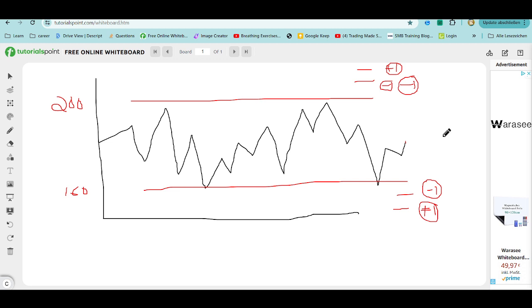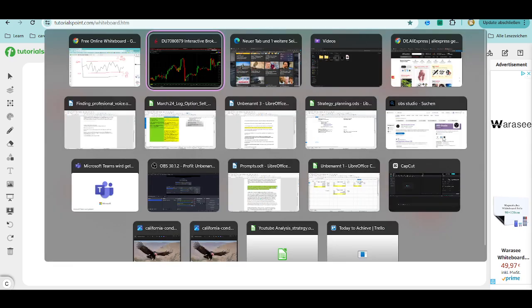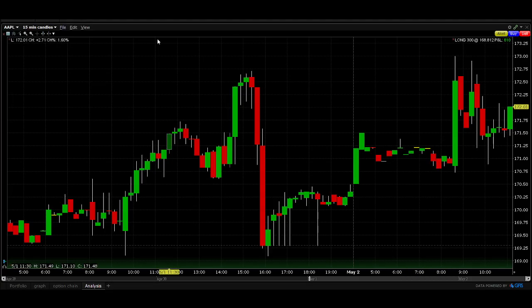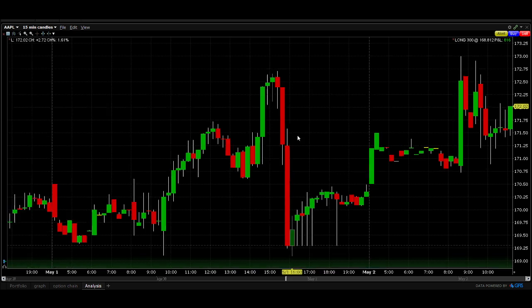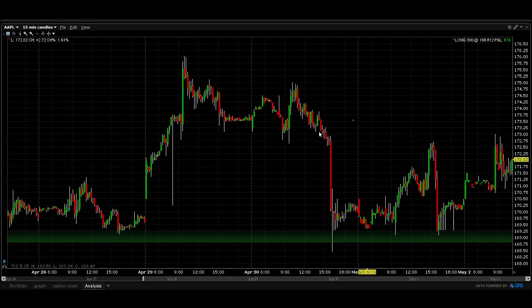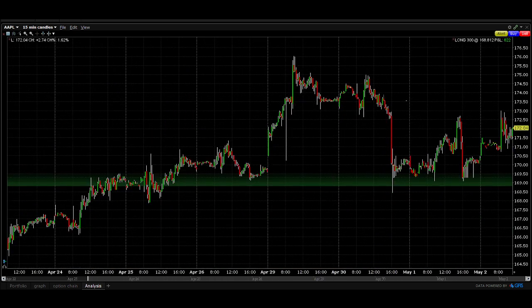Okay, so now we know when to enter an Iron Condor, and now we look into the real live scenario. What you see here is an Apple stock on a 15 minute time scale, and now if you zoom in, you see this is the dynamics.